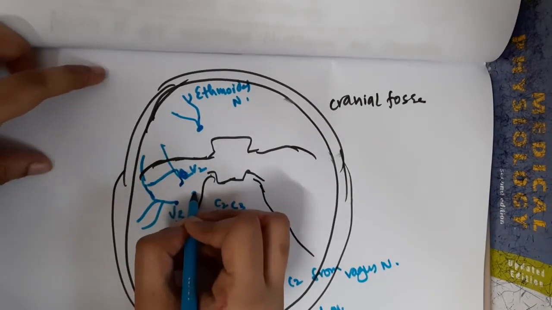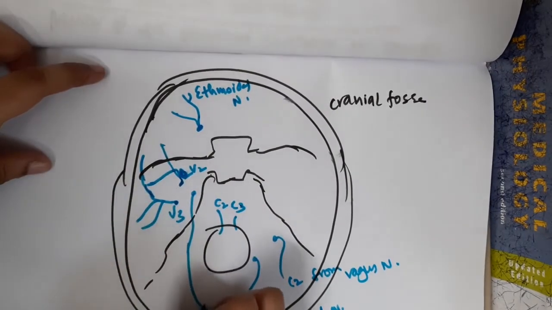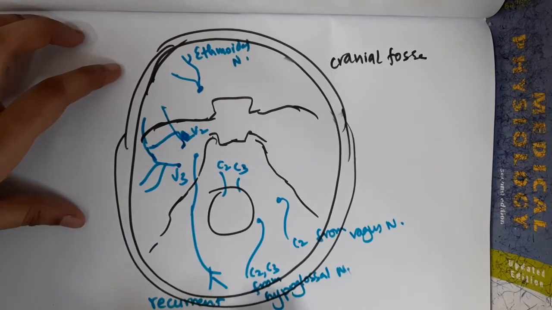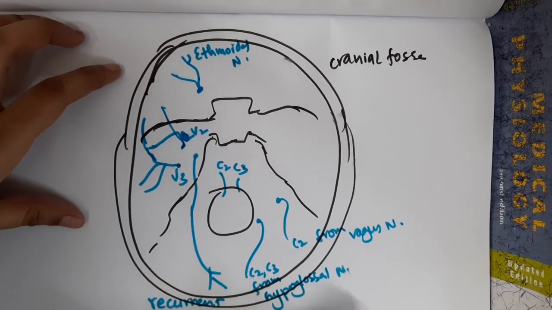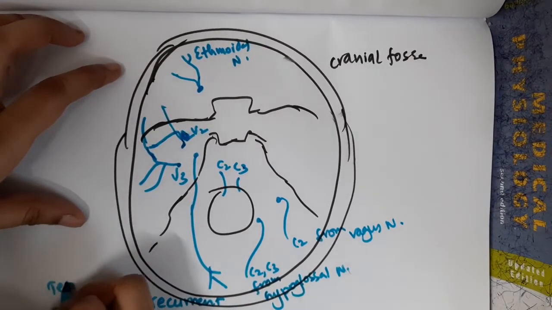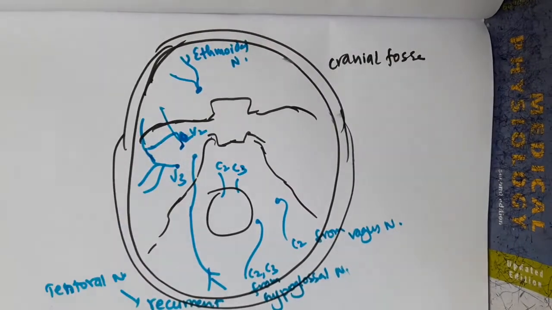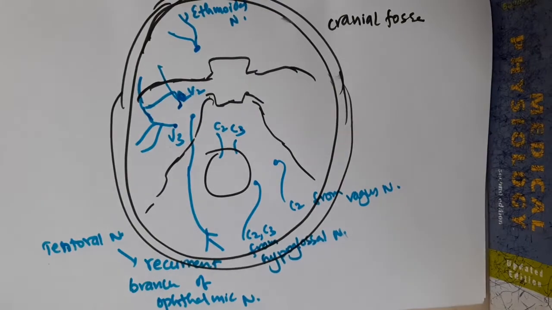And then from V1 it goes to the posterior cranial fossa, that is the recurrent branch of the ophthalmic nerve. What is this recurrent branch of the ophthalmic nerve? This is actually the tentorial nerve, which is the recurrent branch of the ophthalmic nerve to the posterior cranial fossa.